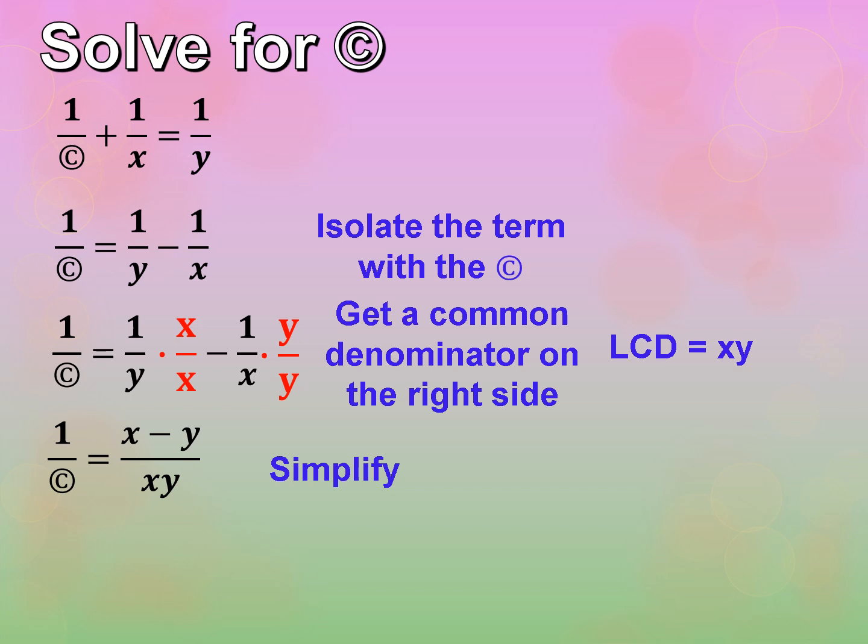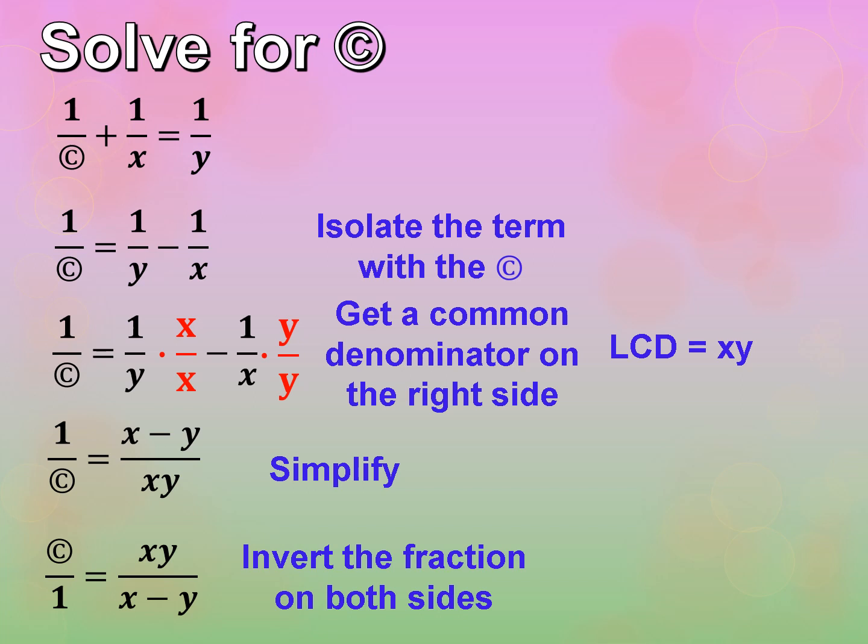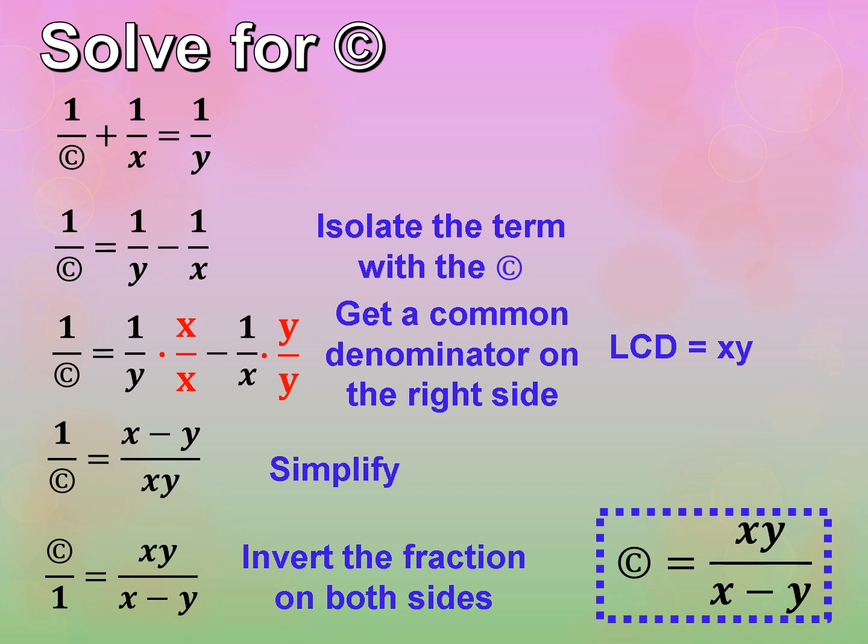So if I flip the left, then I have to flip the right as well, like so, the reciprocal property. So now you don't want to cross multiply, because c over 1 is simply c. So we are going to say that c equals xy over x minus y.